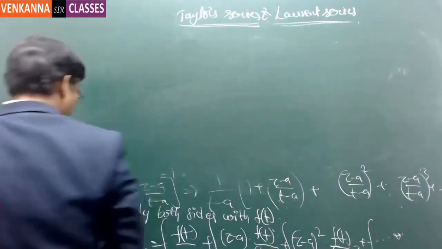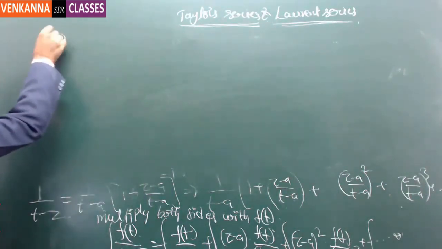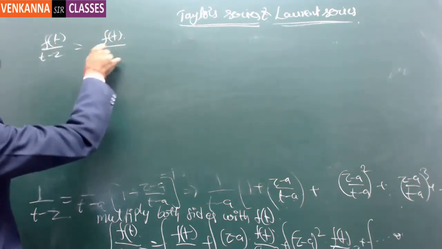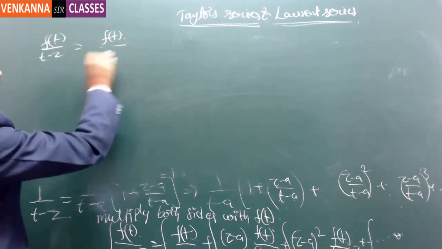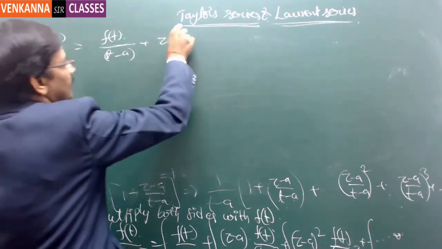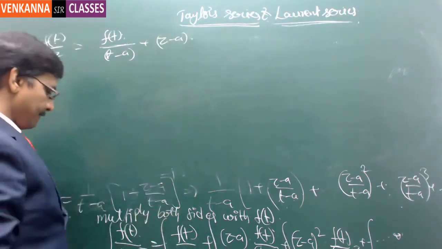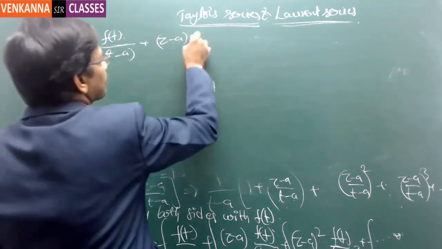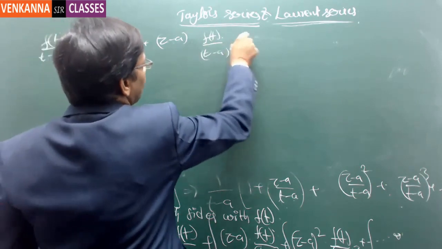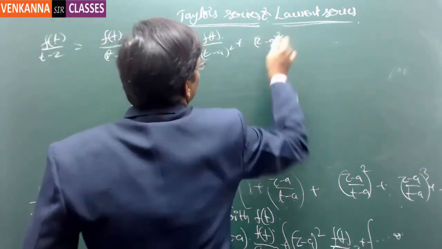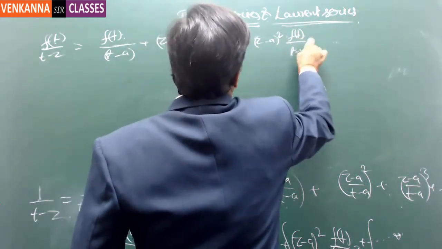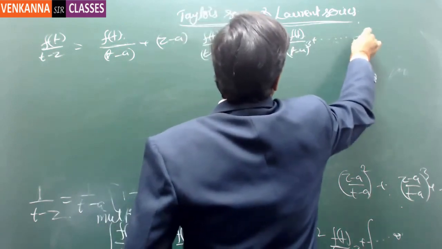What we have got is f of t by t minus z equal to f of t divided by t minus a, plus z minus a into f of t divided by t minus a whole square, plus z minus a whole square into f of t divided by t minus a whole cube, plus up to infinity.